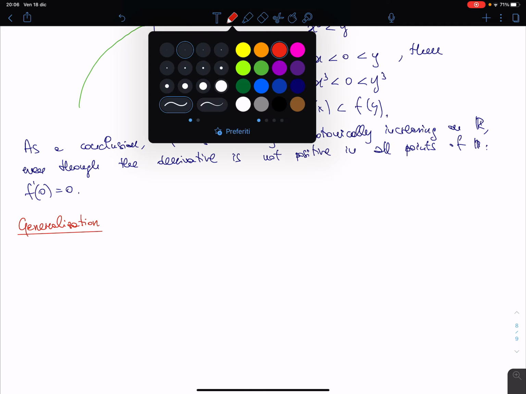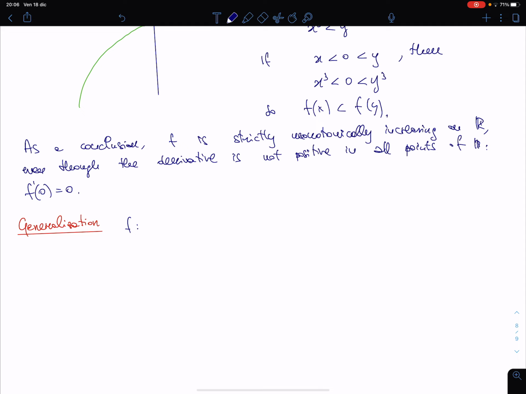So we have a function f from AB to R that is differentiable in AB, and f prime larger than 0 in all AB minus a finite set of points x1, xk.